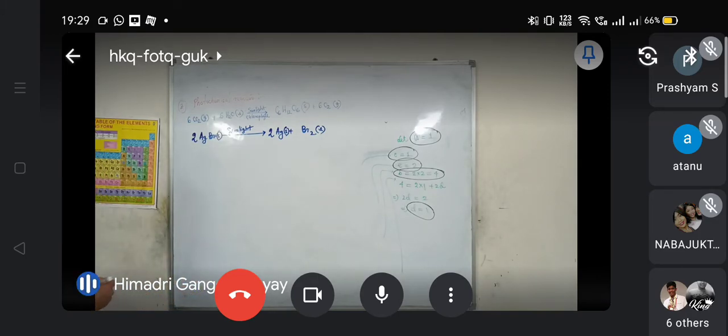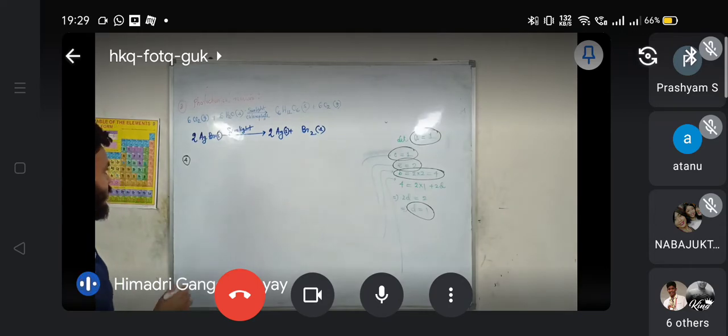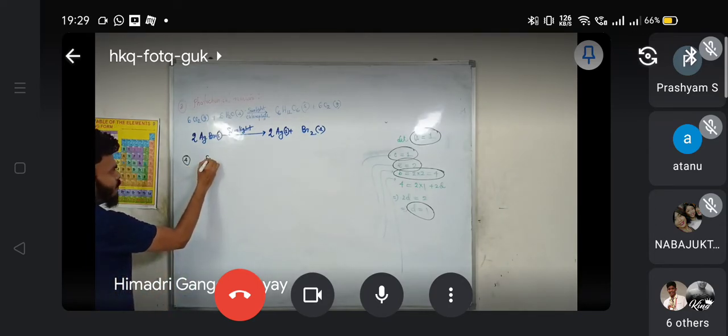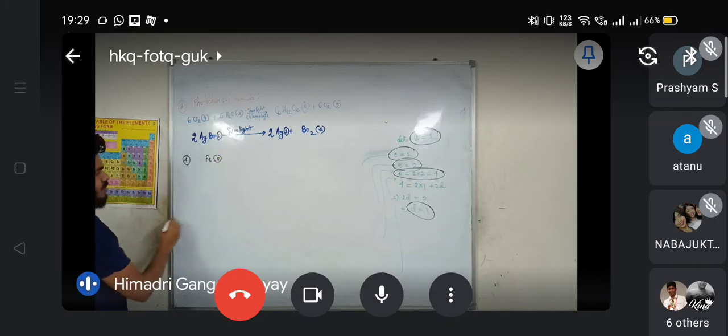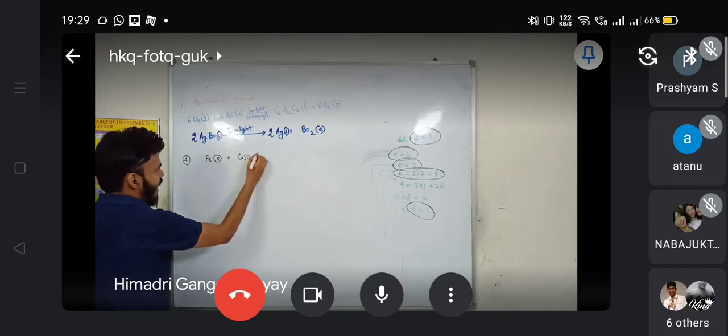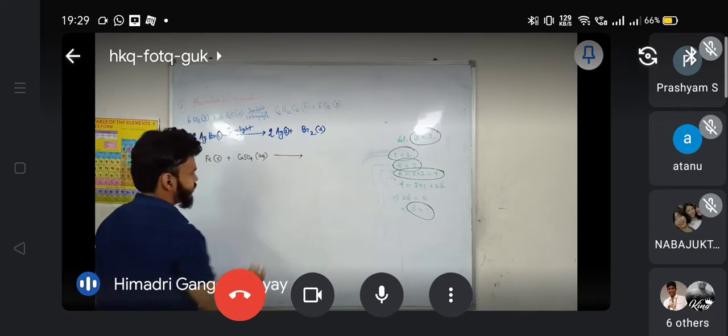Question number 4, very important for this year. The question is, what happens when? Okay, remember it carefully. What happens when metallic iron is added in aqueous solution of copper sulfate?